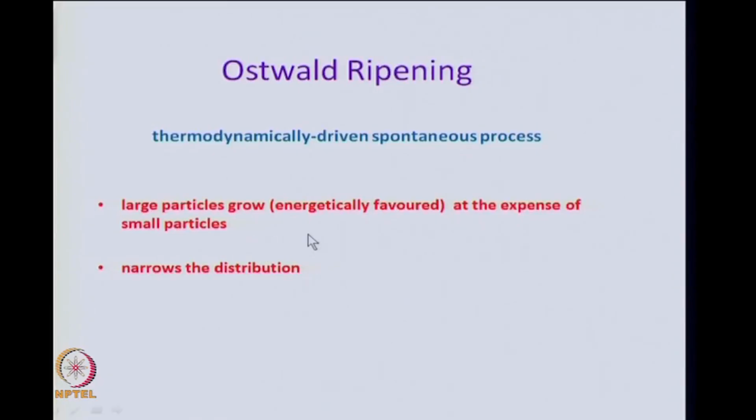If you look at the formation of a large number of small nuclei, as time goes on, the number of particles with a size larger than the initial size of the nuclei will increase. There will be more particles with larger size, and hence the particle size distribution will become very narrow, with most of the particles at one reasonably large size.